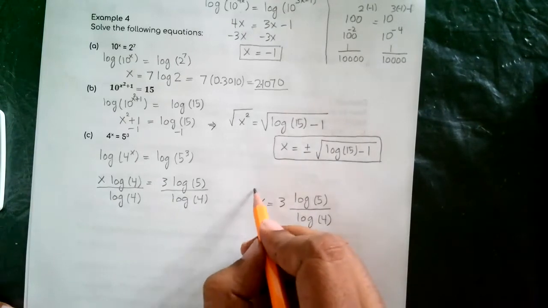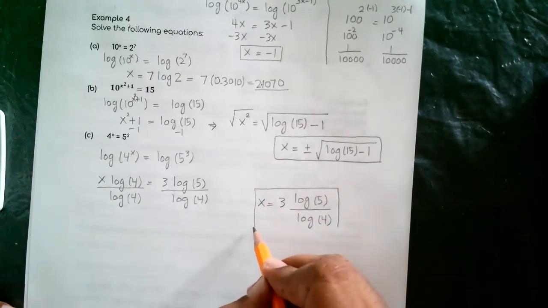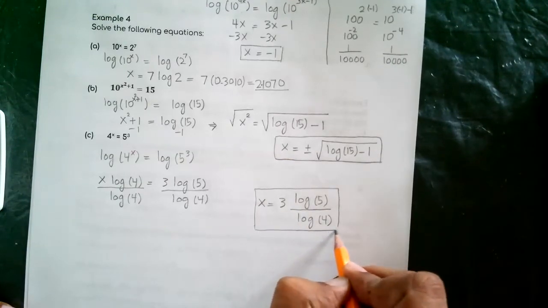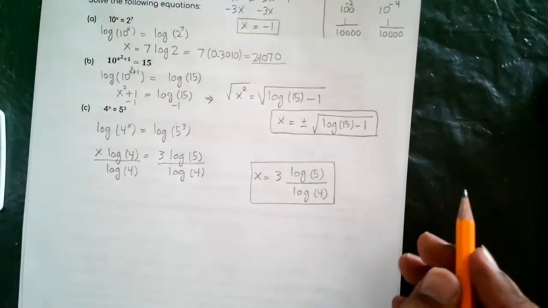And then if you want to go ahead and come up with a numerical value, you can simply take the log of 5 and log of 4, and then you can solve it. But as long as you solve this far, you're good.